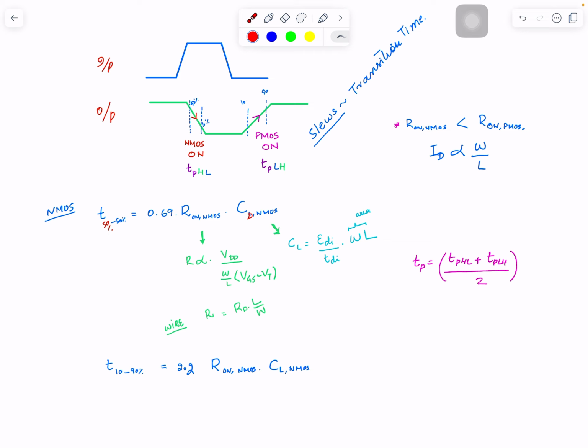The basic definition of capacitance is epsilon A over T. Epsilon is the property of the material. Some materials will have higher capacitance. In a transistor we use silicon dioxide. And T is the thickness of the spacing. So our capacitor is this, and this is the dielectric.